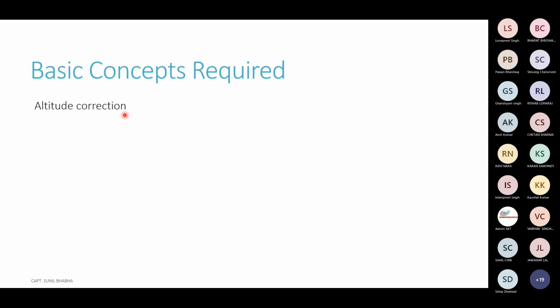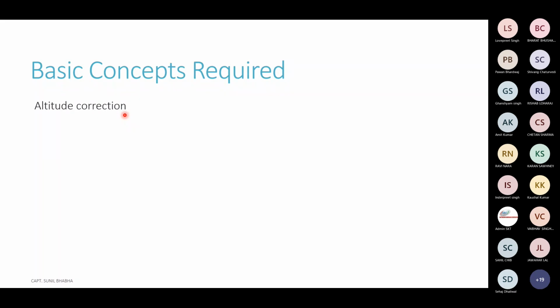Now, to obtain the true altitude of a body, the instrument available to us is the sextant. The sextant is an instrument which can be used to measure the angle between any two objects which are visible to us. So if two objects are visible to you, you can use the sextant to obtain the angle between those two objects.